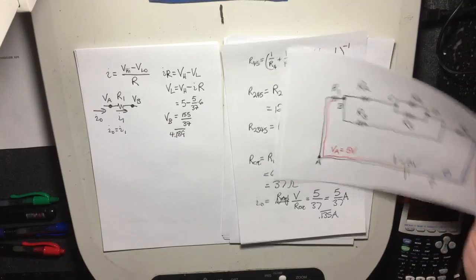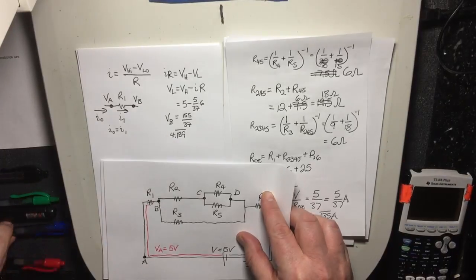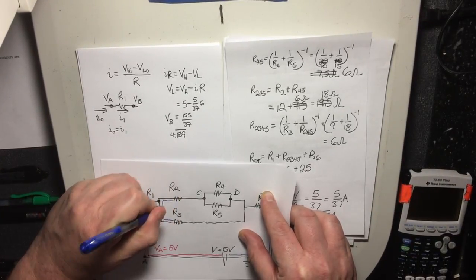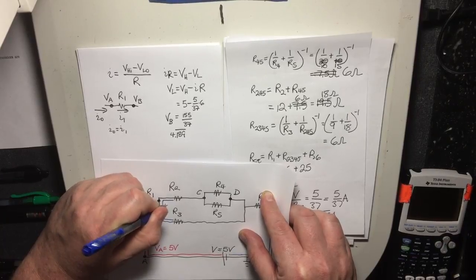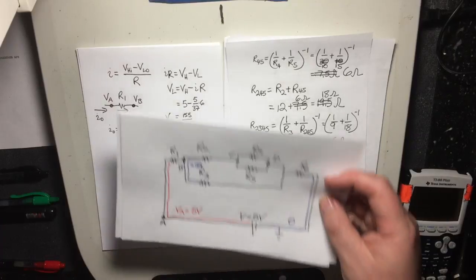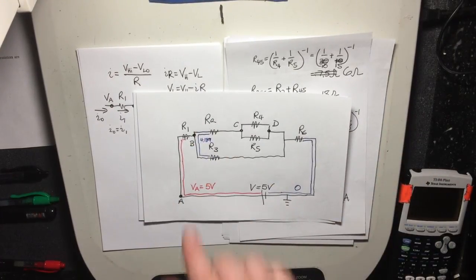So now I know V sub B. I now know the potential at this point. I know what I1 is.